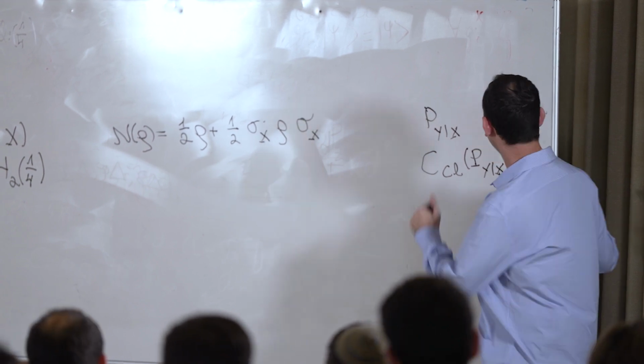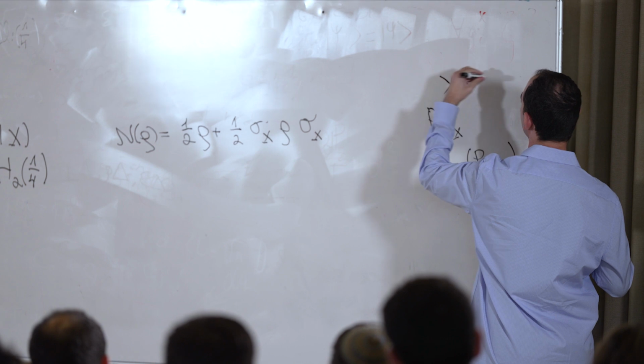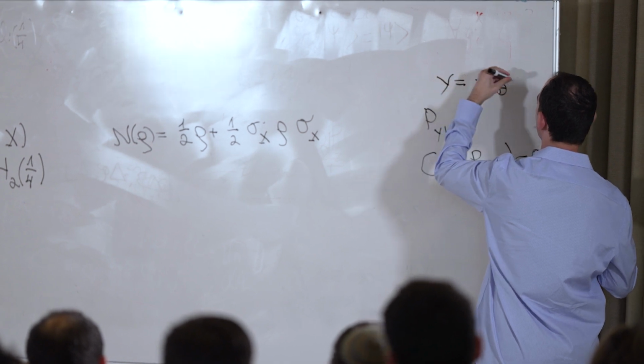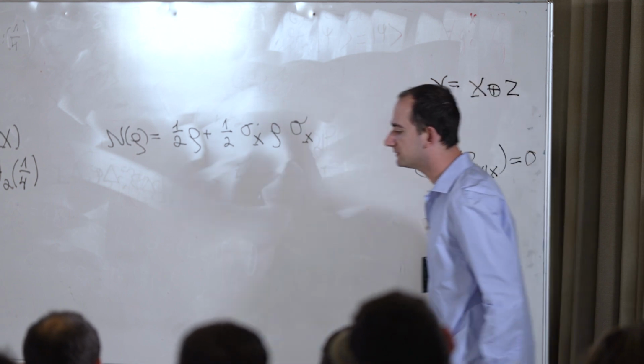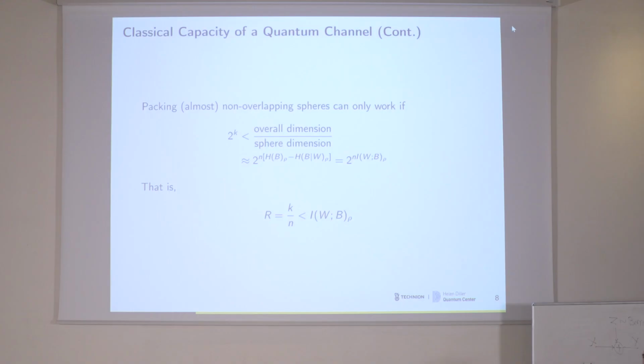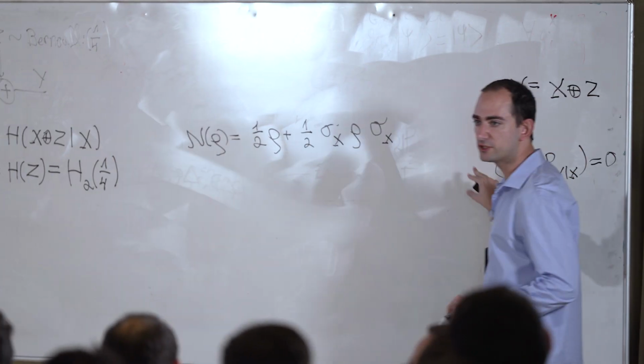Yes, if y is equal to x plus z, and z is Bernoulli half, then y and x are statistically independent. There's no correlation between the input and the output if you flip the bits with a probability of half. Therefore, you cannot transmit any information over this channel.